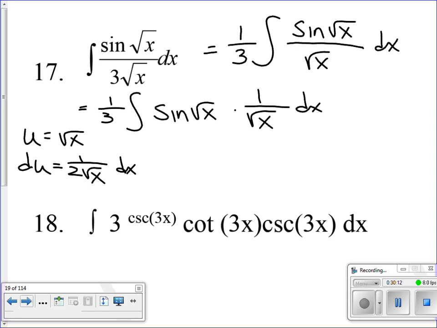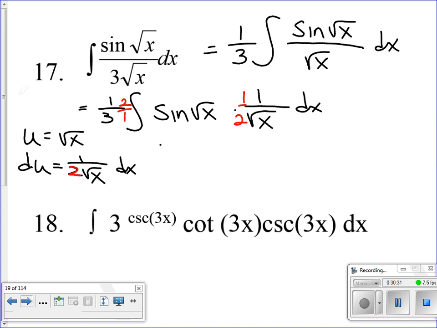Now, we see what we're missing. We have the 1 over rad x, but we don't have the half. We don't have the 2 in the denominator, right? So we're missing a 2 down here, which really means we're multiplying by 1/2 inside. So we multiply by 2 over 1 outside.